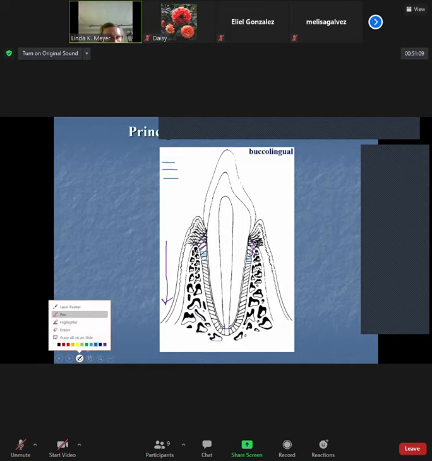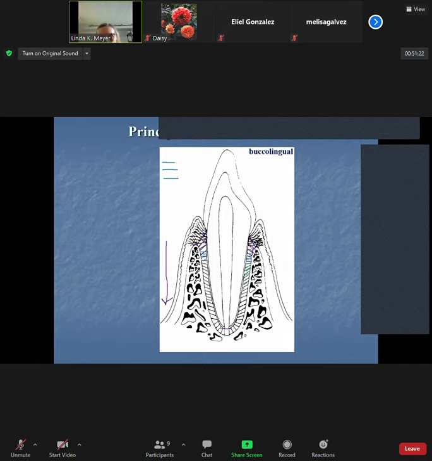Okay, the next group is the largest group. And these are the oblique fibers. And notice instead of having a horizontal orientation, they are at an angle, or oblique. So they start about up here, and I'm not going to color every one in, but they end about there.